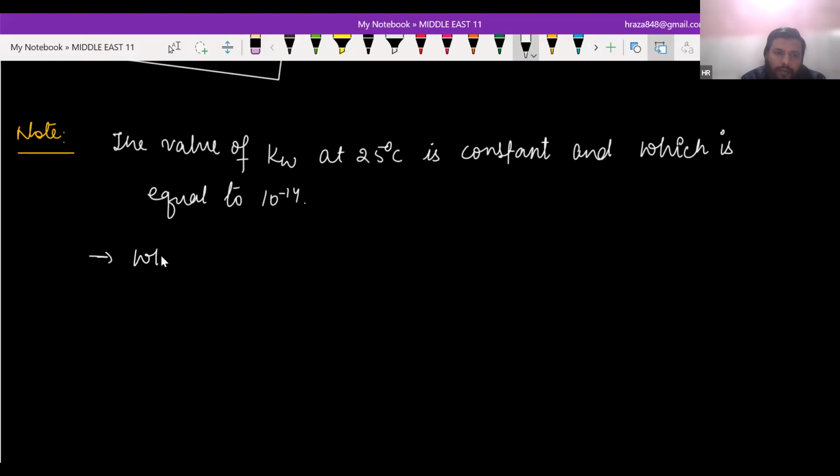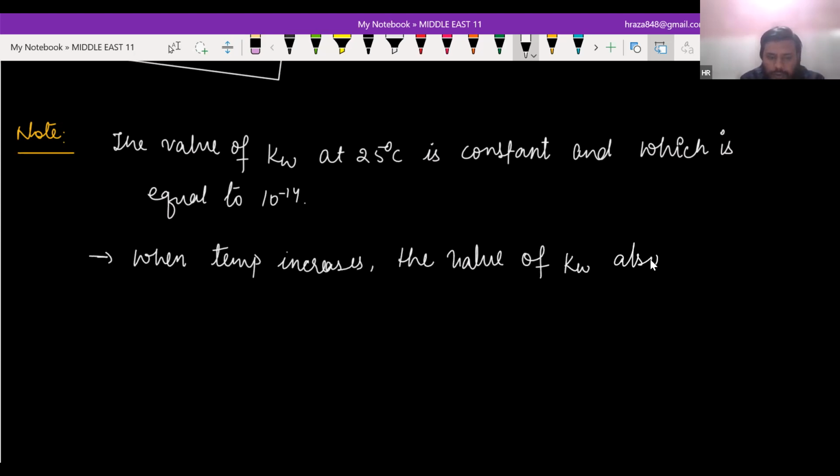Now, if the temperature changes, the value also changes. So when temperature increases, the value of Kw also increases.